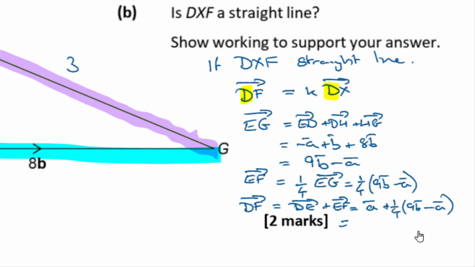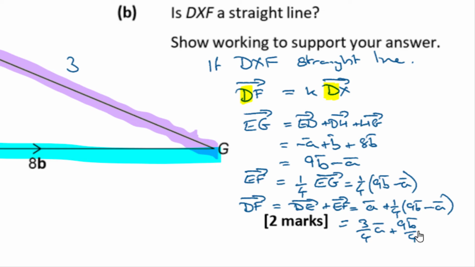So then what's that equal to? I've got a whole a minus a quarter of a, so that is 3/4 of a. And I've got 9b divided by 4, so that's 9b over 4. And they're both going to be positive. So 3/4 of a plus 9/4 of b.